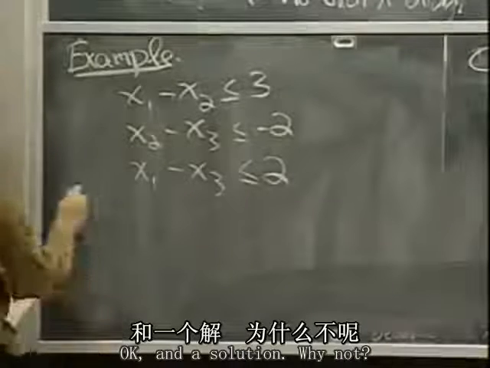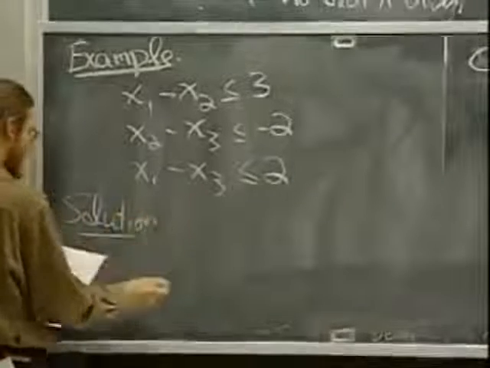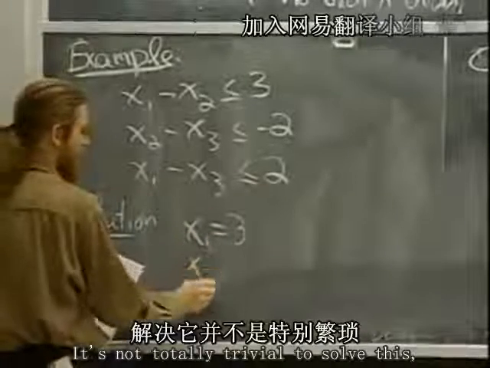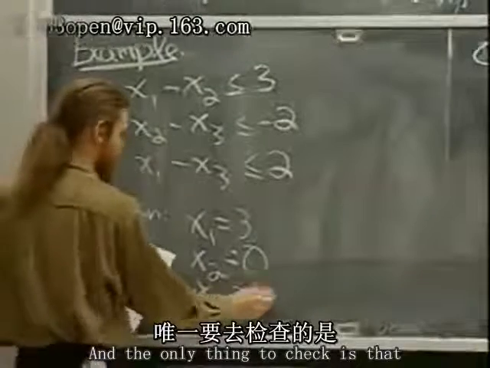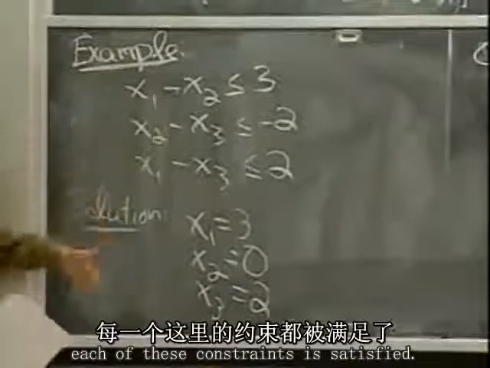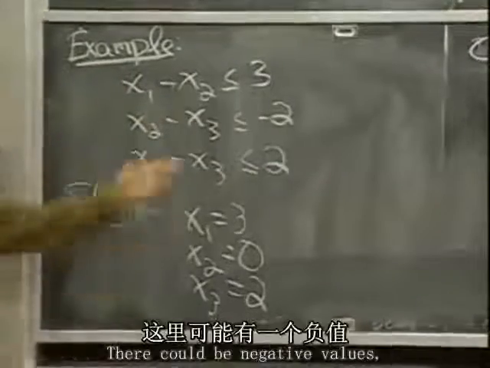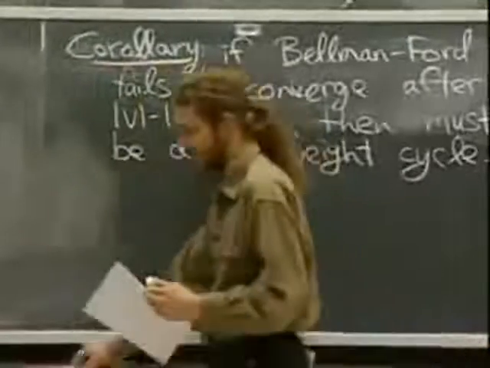Okay, and a solution. Why not? Not totally trivial to solve this, but here's a solution. And the only thing to check is that each of these constraints is satisfied. x1 minus x2 is 3, which is less than or equal to 3, and so on. So there could be negative values, there could be positive values. Doesn't matter.